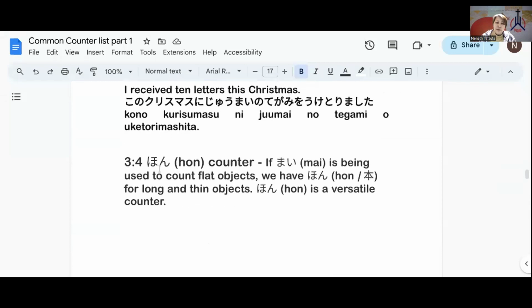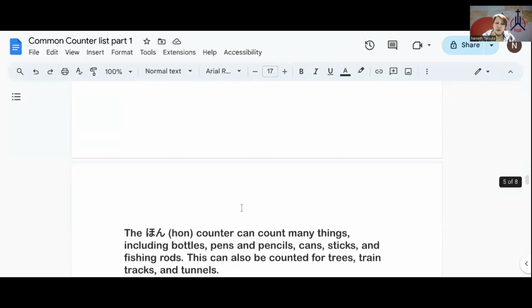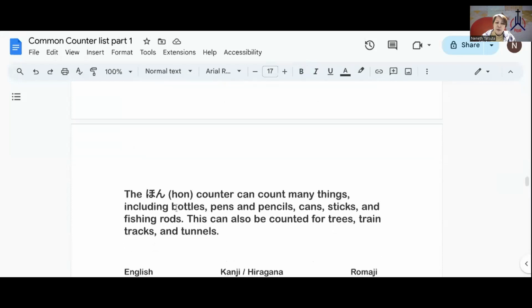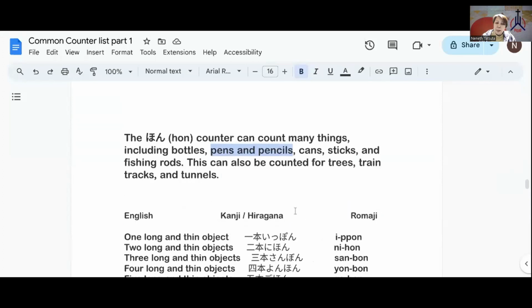Next, hon. We use hon for long and thin objects. For example, bottles, pens or ball pens and pencils, cans, Coca-Cola in cans, ocha in cans, or sticks, or fishing rods.